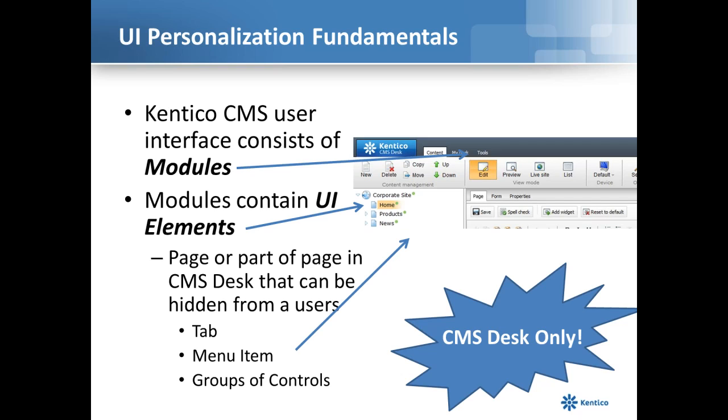Whether a UI element is really shown or hidden is based on the idea of role security, and this is important to keep in mind. So it's a combination of setting the security attributes and then being able to set within that who's going to see what and how that's actually going to be seen.